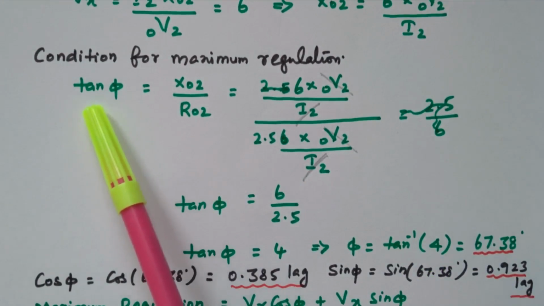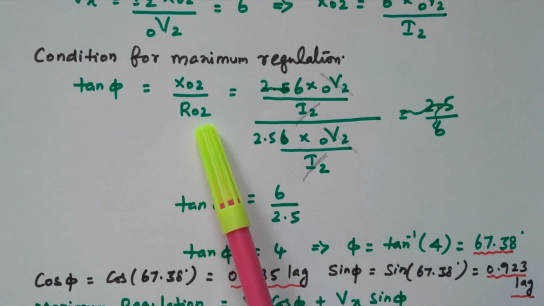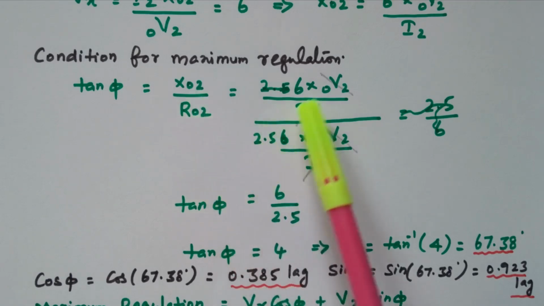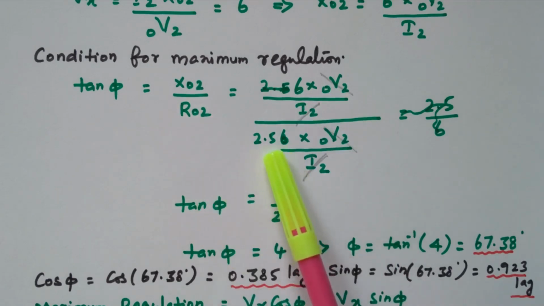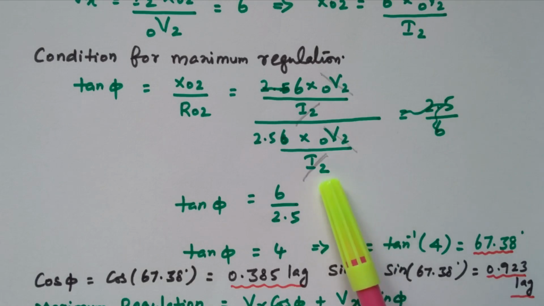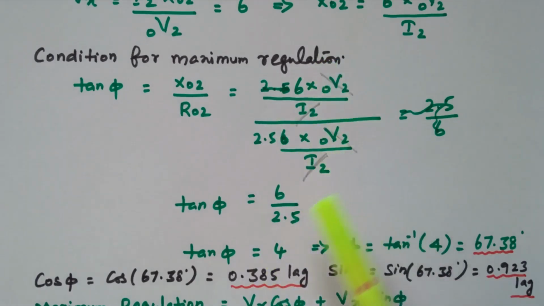The condition for maximum regulation is tan phi equal to X02 divided by R02. X02 is 6 into no load secondary voltage divided by I2, and R02 is 2.5 into no load secondary voltage divided by I2. So I2 gets cancelled, and the no load secondary voltage also gets cancelled.